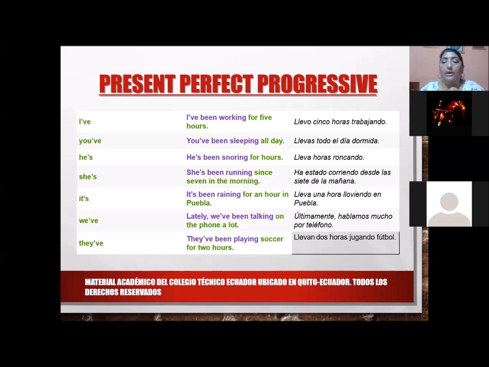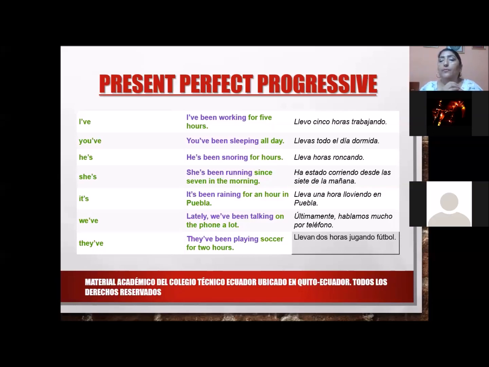You remember how we can use for? We use for to talk about the complete period of time. When we talk about, for example, 2 days. I have been working 2 days. We start one day and finish another day, the complete period of time.